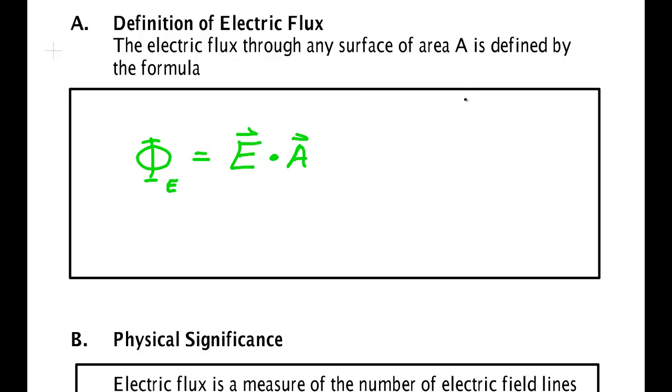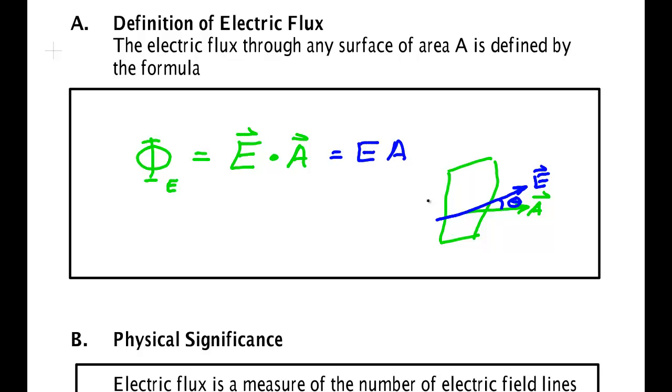So if you have a surface like this, and it has some area vector pointing out, and you had some electric field right here, you would find this angle theta, and you would take the magnitude of the electric field times the area at this point times the cosine of that angle. And that would calculate the flux.